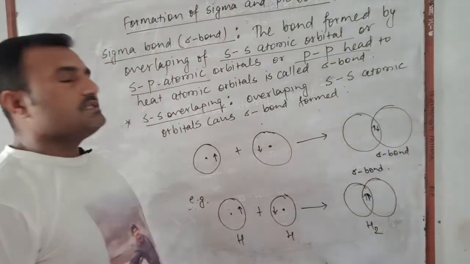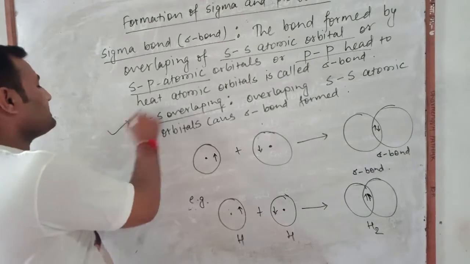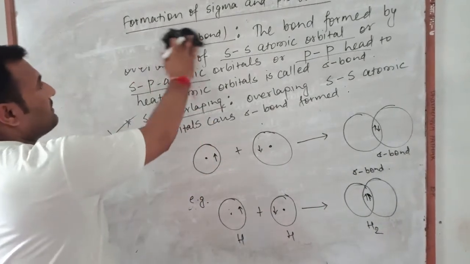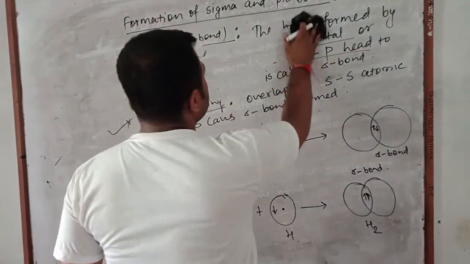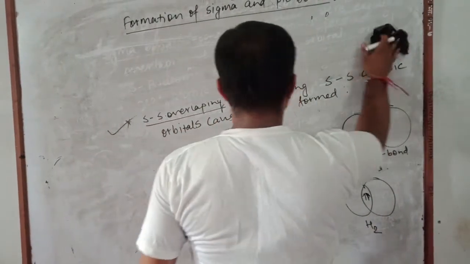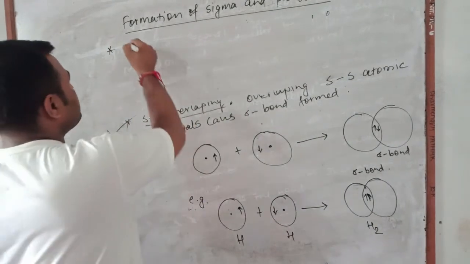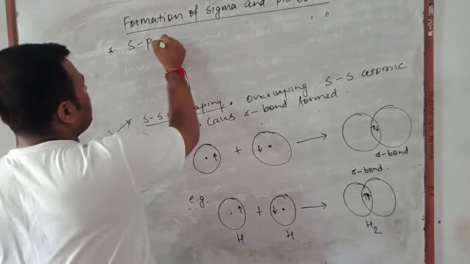In this way, a sigma bond is formed by ss overlapping. Now we discuss how sp overlapping causes sigma bond formation. The second type of overlapping for a sigma bond is sp overlapping.